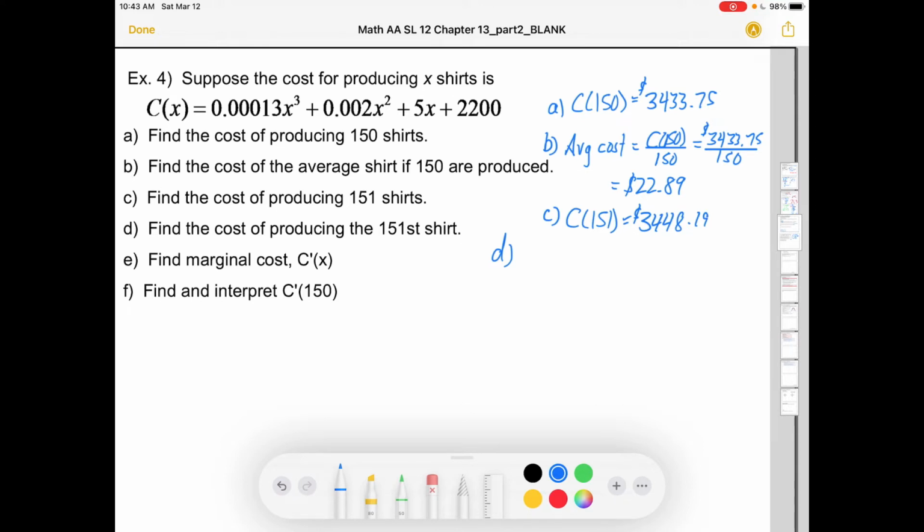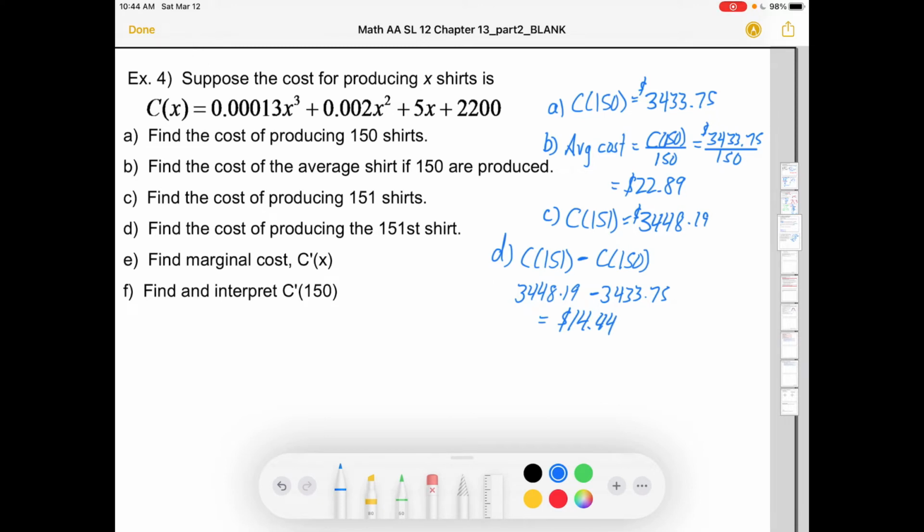To find that out, all we have to do is take the cost of making 151 and subtract the cost of making 150. Making 151 shirts cost us $3,448.19. Making 150 shirts cost us $3,433.75. So that 151st shirt cost $14.44. Less than the average cost to this point.